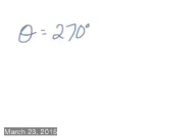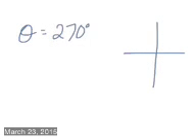Now I'm more of a picture person, so I'm going to draw where 270 should be. 90, 180, 270 is right here. That's the terminal side.